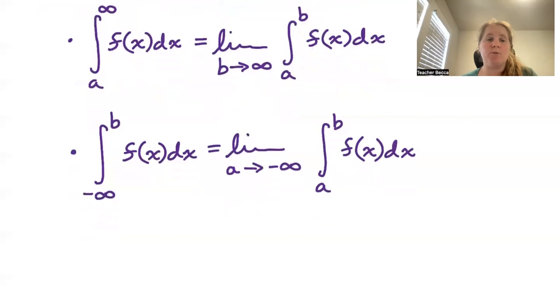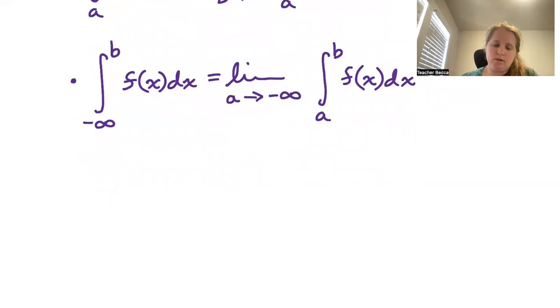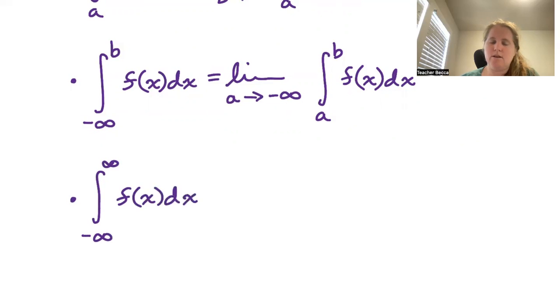Finally, we had our one last case. So for our last case, if we wish to take the definite integral from negative infinity to infinity of f of x dx, what we do is we split this into two separate improper integrals.